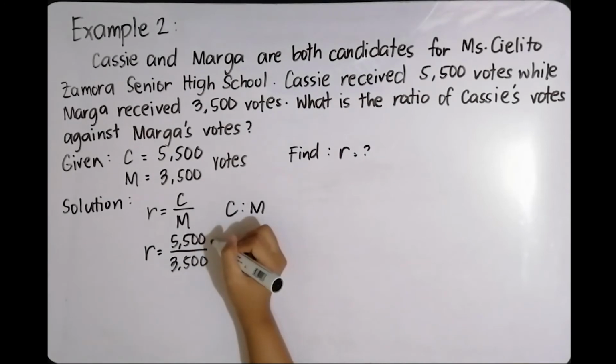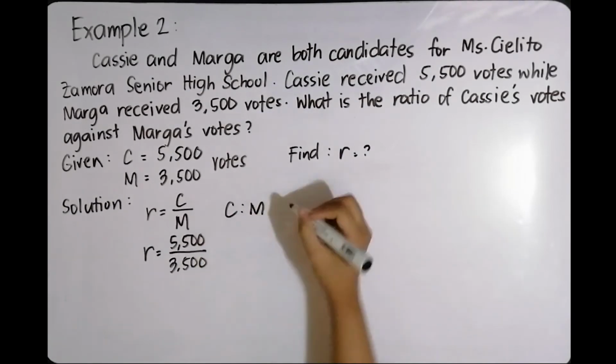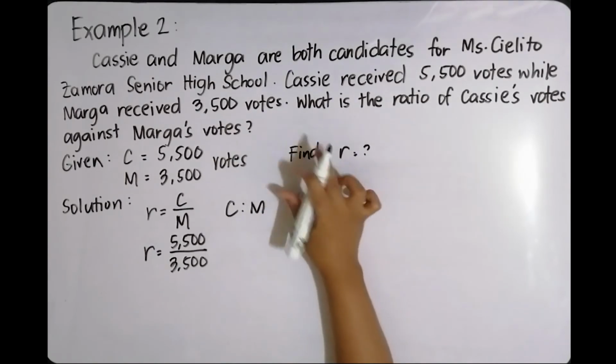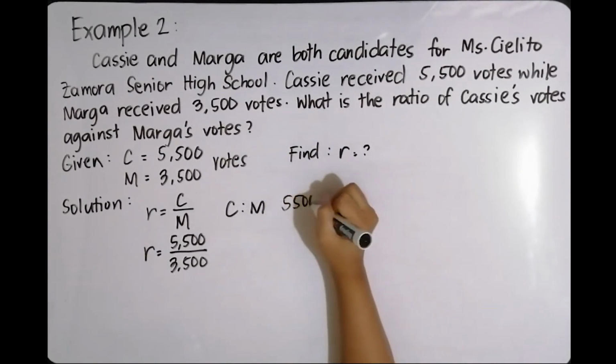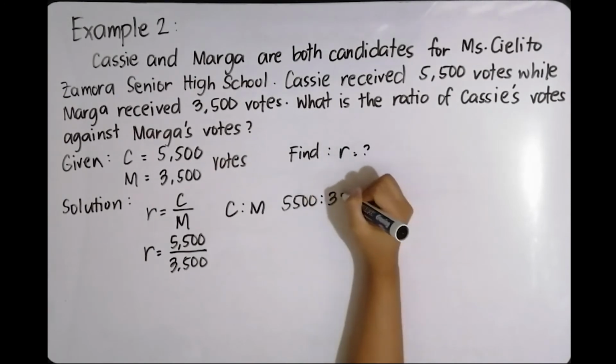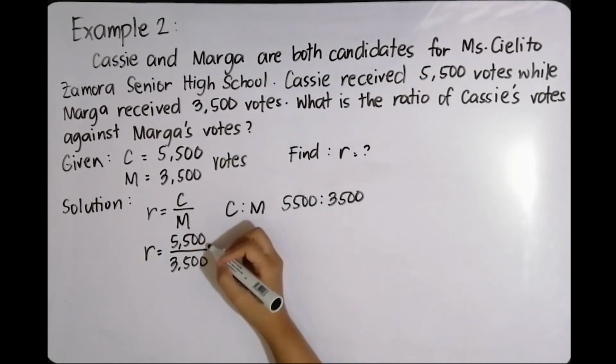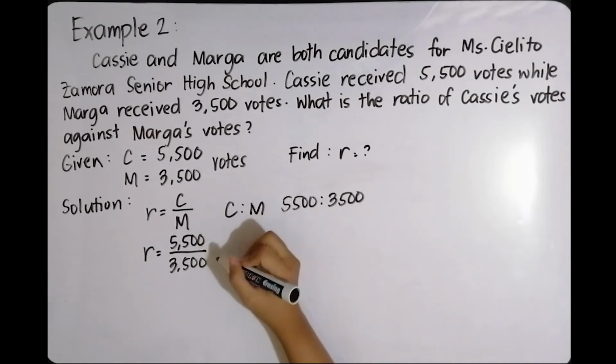So this is the ratio, or in colon notation, 5,500 is to 3,500. We can simplify it or reduce it to lowest terms.